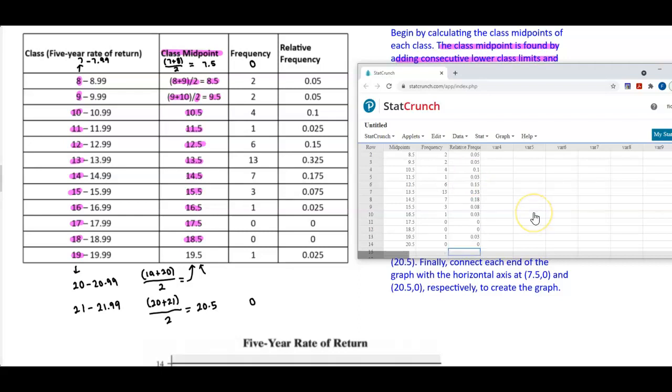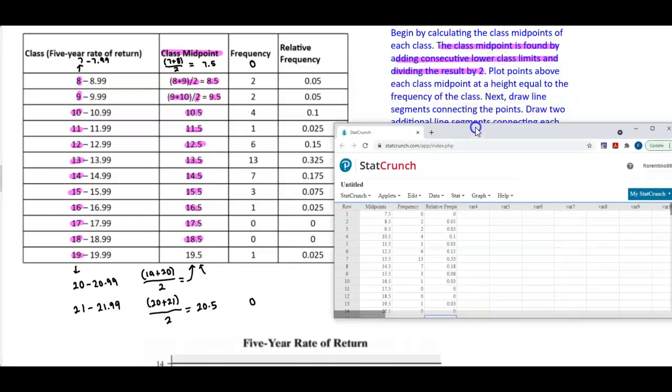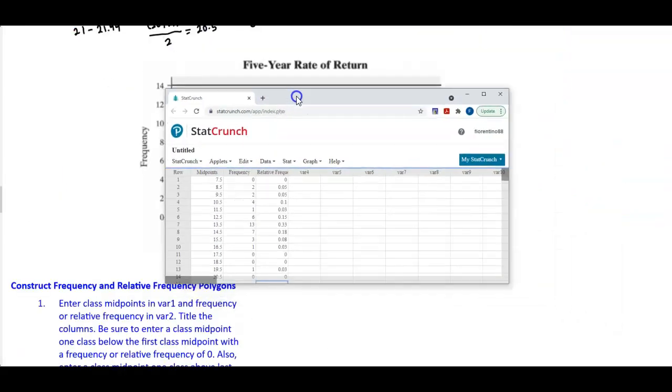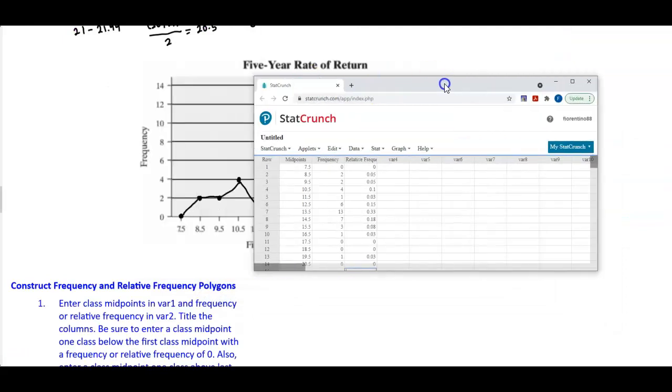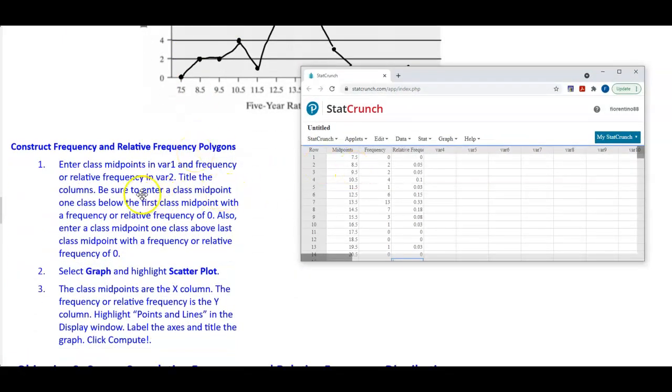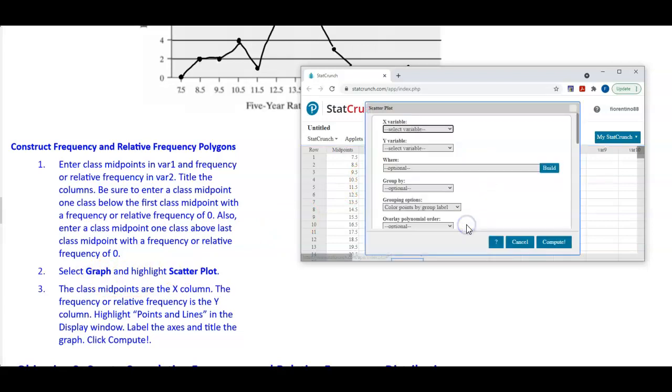Okay, so now that we've created our columns, we want to generate a time series graph. So we're going to make sure that we have our midpoints, okay, and then now we're going to select graph, and then we're going to go to scatter plot, which is here.